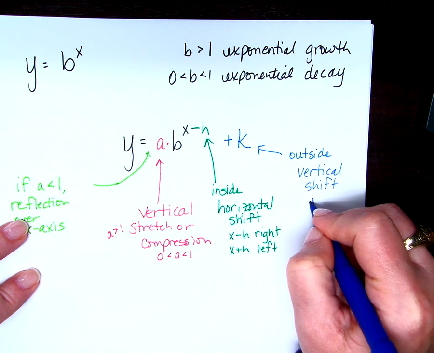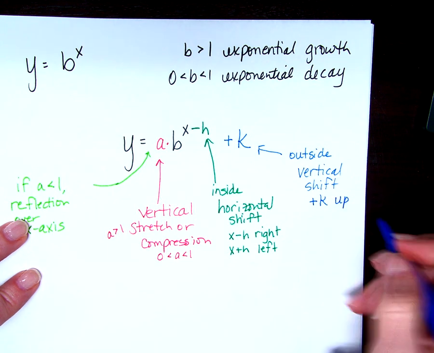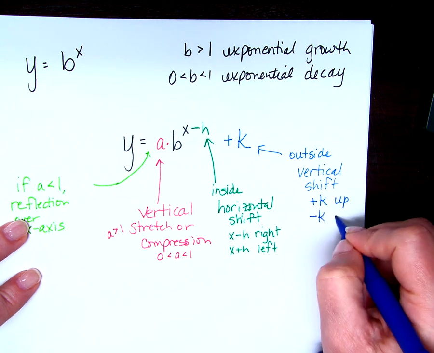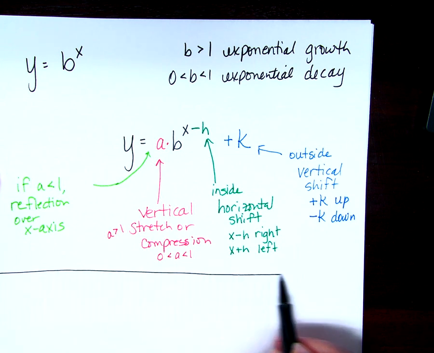That means if it says plus k, we're going to go where? Up. And if it says minus k, we're going to go where? Down. Any questions about that? Now, is any of that new? No, it's not. Not at all.